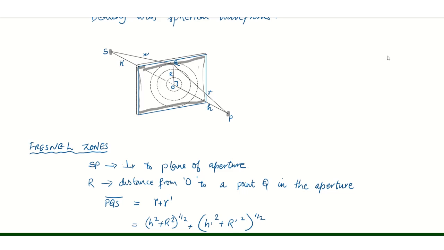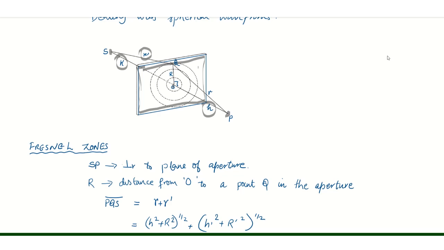Look at the distances. The distance of P from O, or the center of the aperture, is H. S prime for the source point. R prime is the distance from the source point to one point Q on the aperture.